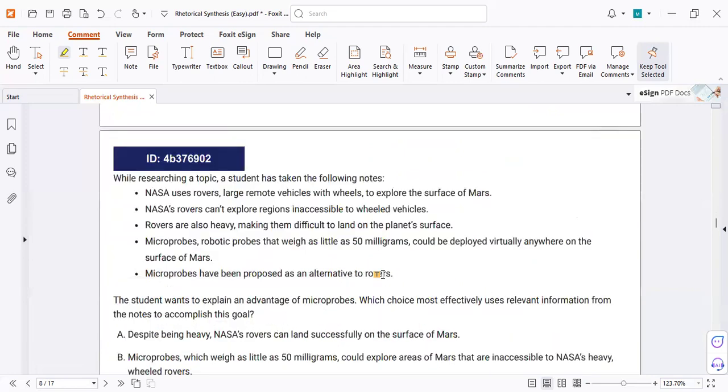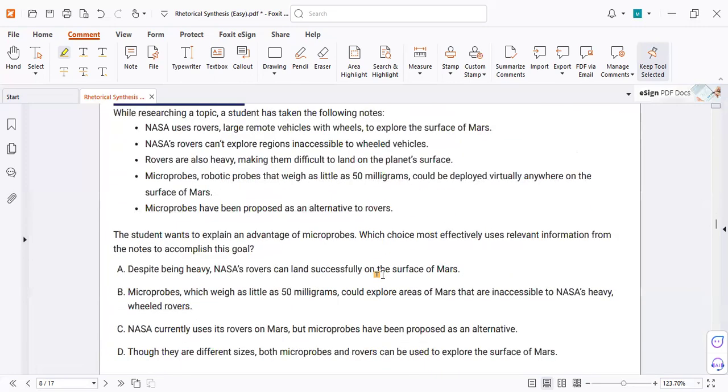Okay. The different information, relevant information. C or D.